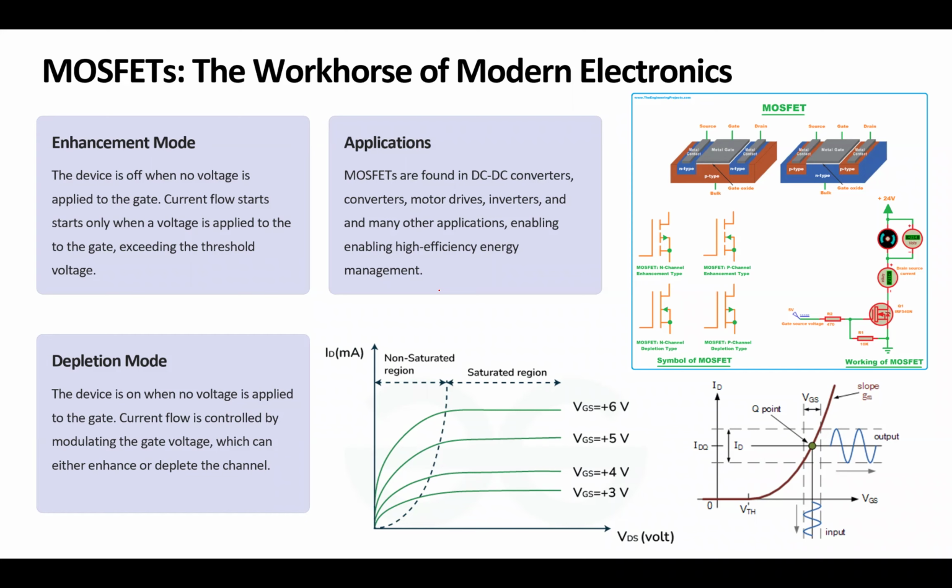Now, how do they work? If you apply a certain amount of voltage to the gate, it lets the drain current go to a certain level.